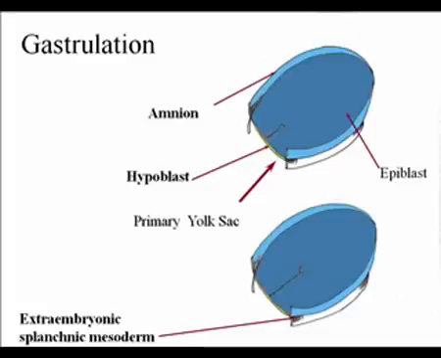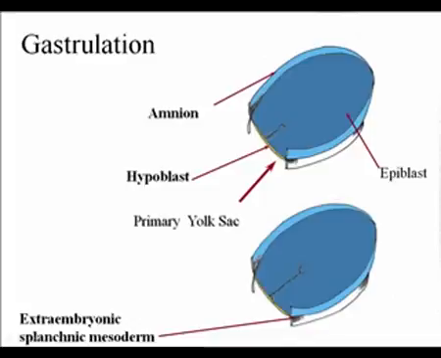Now, what's going to happen during the third week is that we'll begin to get proliferation of cells located in this position, and these cells will continue proliferating in this direction. As you can see, here's the initial proliferation of cells, and a line of cells will continue to proliferate, moving in this particular direction.